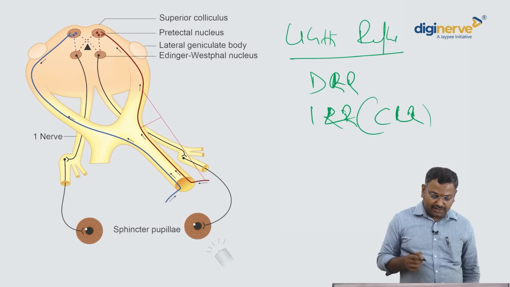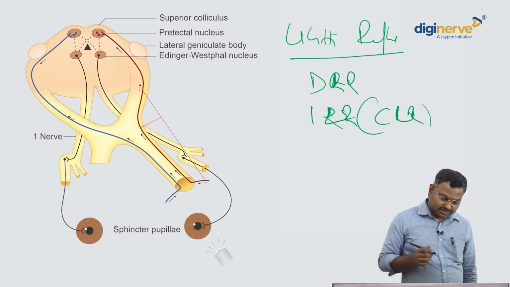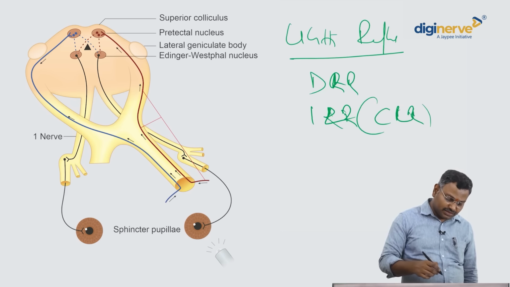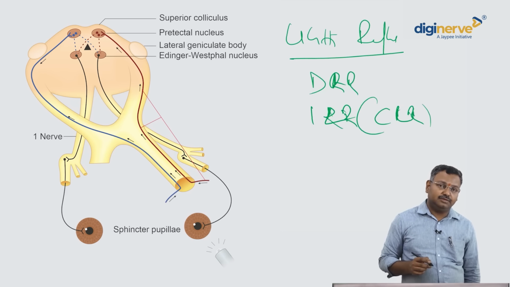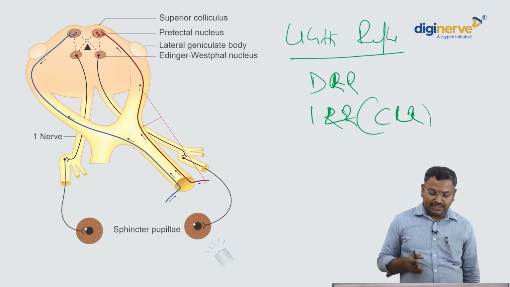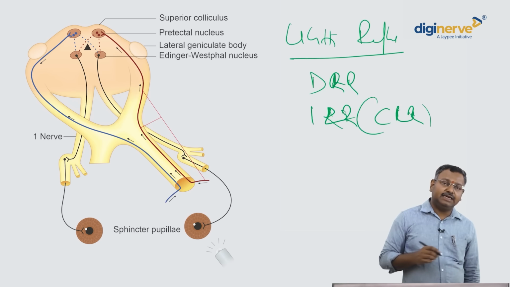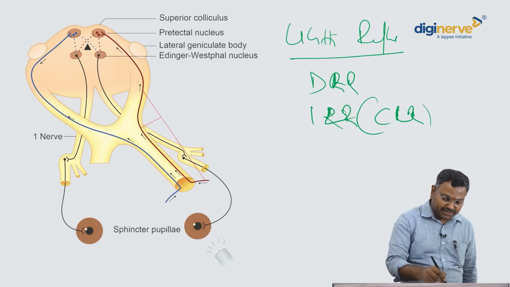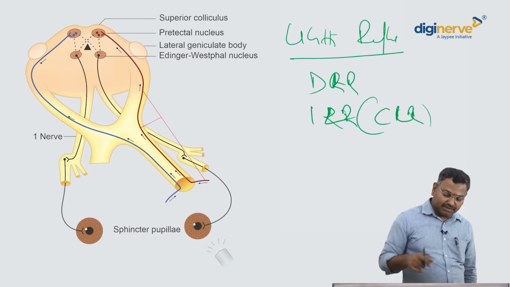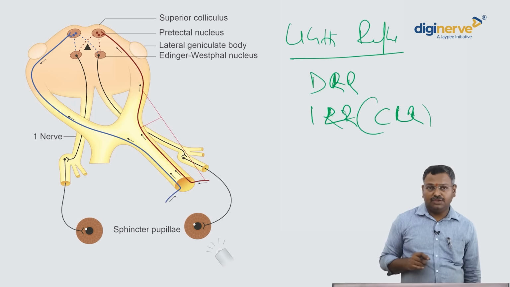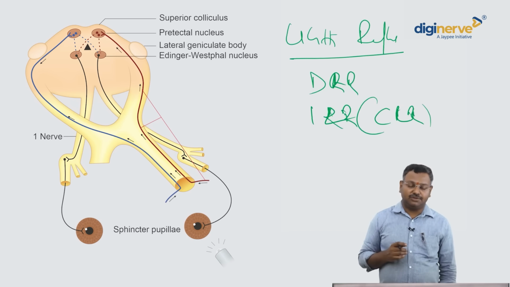So the sphincter pupillae is getting activated. Through the optic nerve it goes through the tract, reaches the lateral geniculate body, then goes to the Edinger-Westphal nucleus, pretectal nucleus and the superior colliculus, and comes back. That's the crossing over that's happening here at the midbrain, and then comes back through the short ciliary nerves, through the part of the oculomotor nerve, and supplies the sphincter pupillae. So that is how the light reflex works.